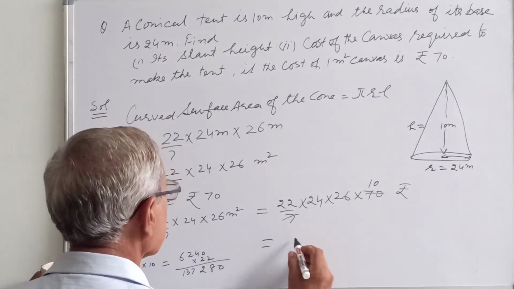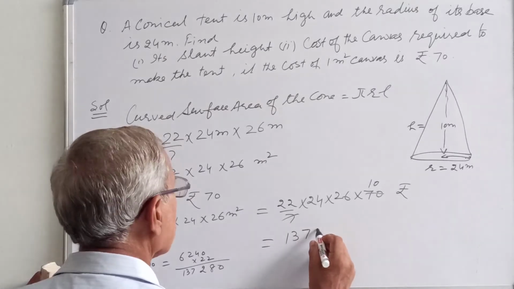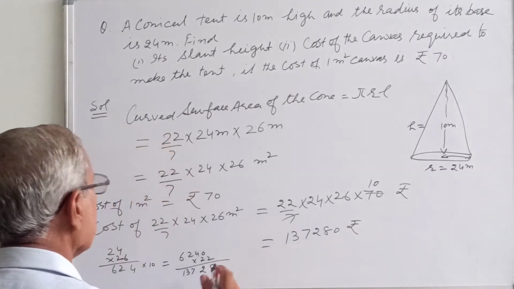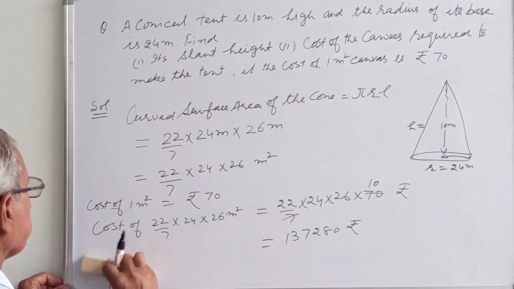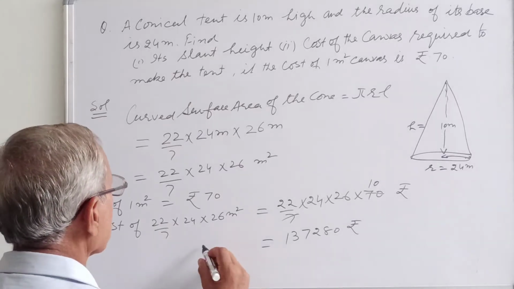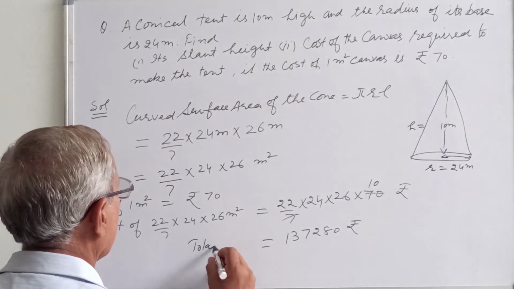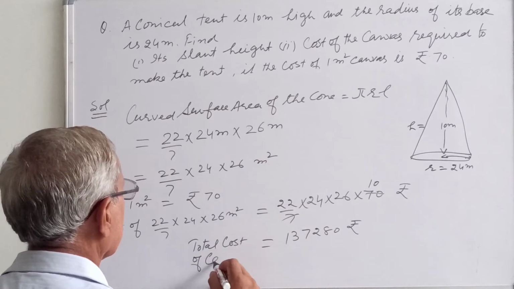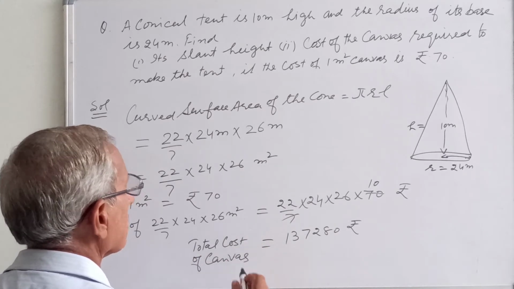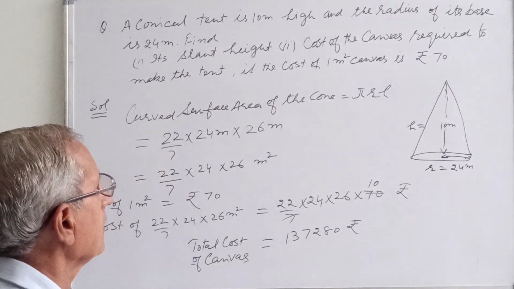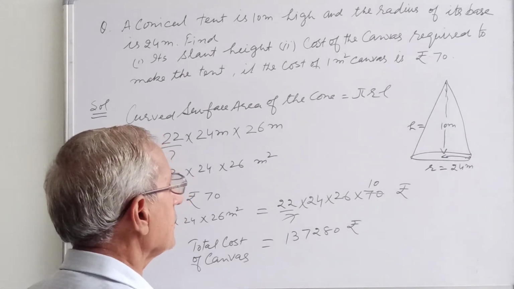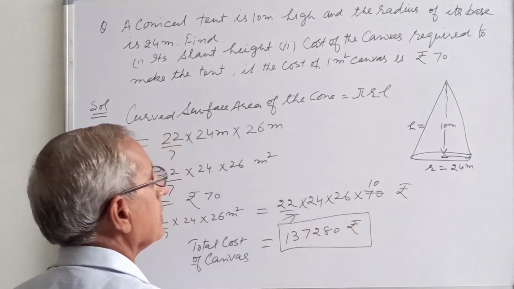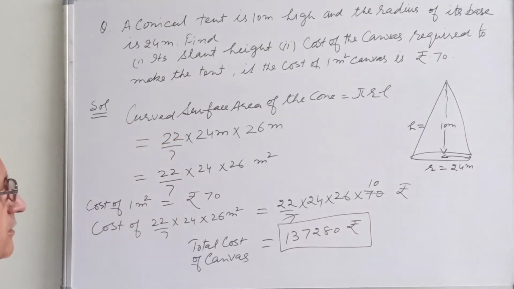So this is the answer, 137280 rupees. That is the total cost. The total cost of canvas is rupees 137280. So this is the answer.